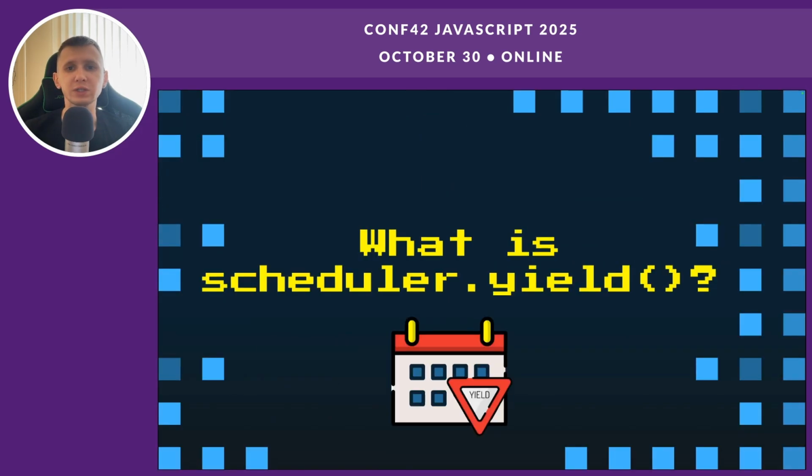So, what is scheduler.yield? It is a method of the scheduler interface from the new Prioritized Task Scheduling API. This method allows you as a developer to pause your JavaScript execution and explicitly yield control back to the main thread, so it can handle other pending important tasks like user interactions, clicks, typing, etc. In simple terms, when you call scheduler.yield, you are telling the browser: wait, take a breath, let's pause the current task and focus on other no less or more important tasks.